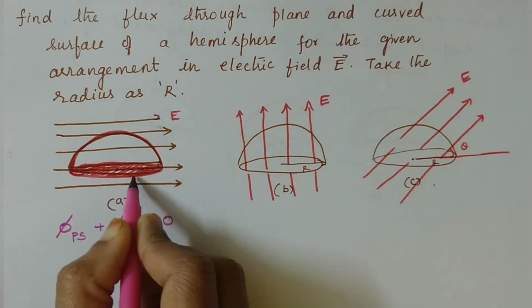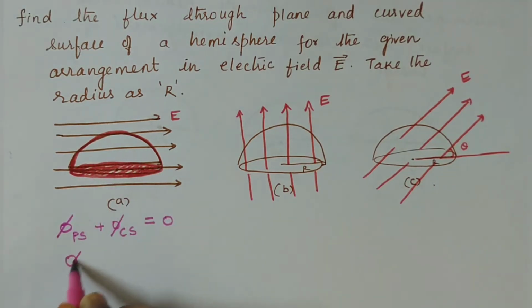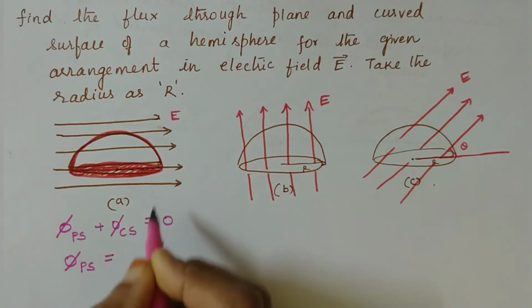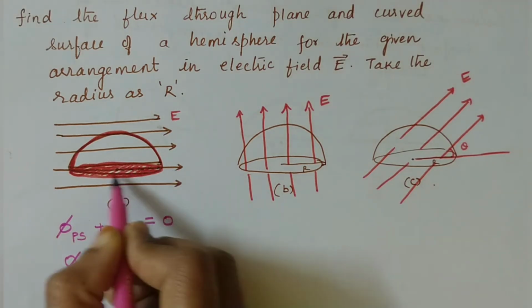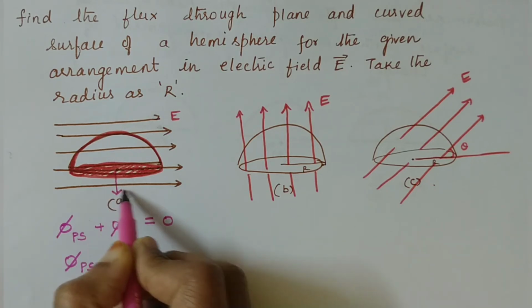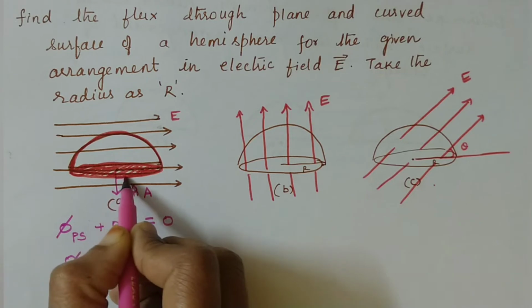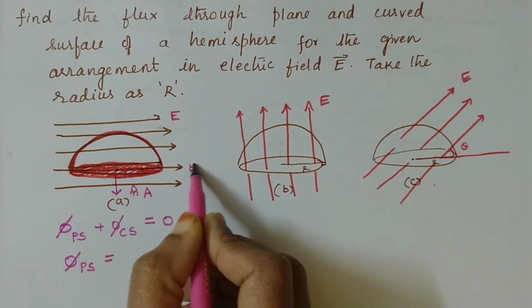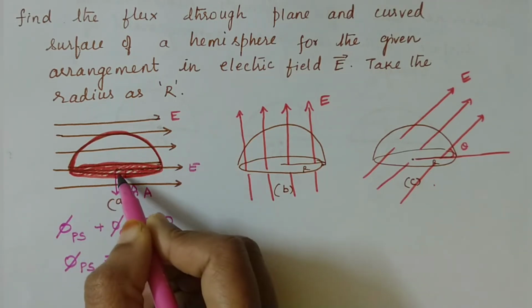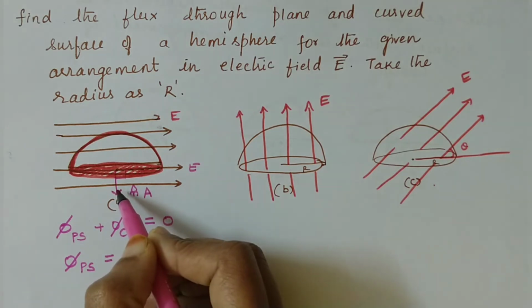Now look at this plane surface. I'll calculate the flux through the plane surface. We know it is E dot A. Electric field is E. And for this surface, this is the direction of normal and area vector. Angle between them is 90 degrees. Electric field is horizontal. Area vector is outward normal.